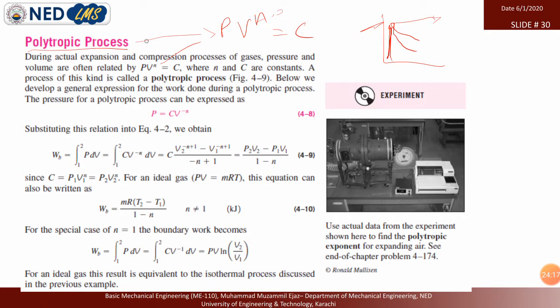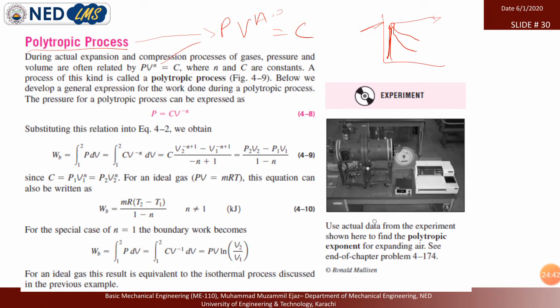So polytropic is a general equation for compression and expansion processes. By defining that polytropic index, we can say what kind of process path it will be, whether it is isobaric, isochoric, isothermal or adiabatic.